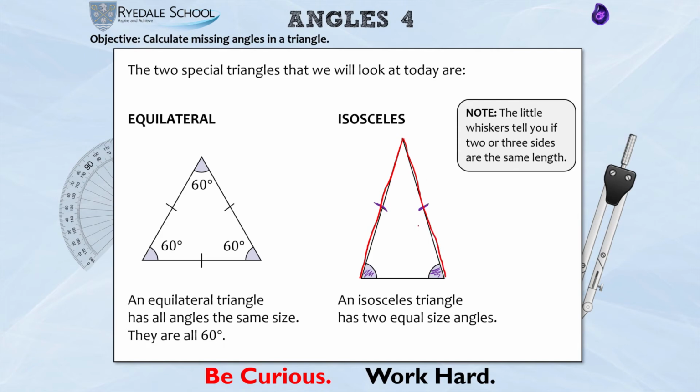Now those two sides will always meet at an angle. That angle is the unique one, the one that doesn't match. It is the other two angles that are always the same. So let's see how we can apply this bit of knowledge in some angle questions.